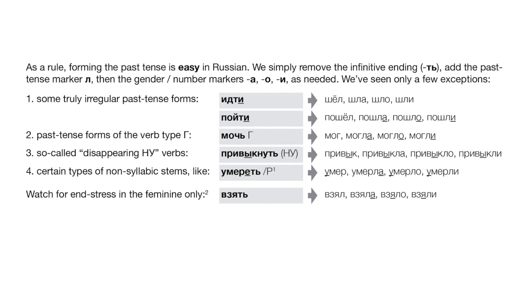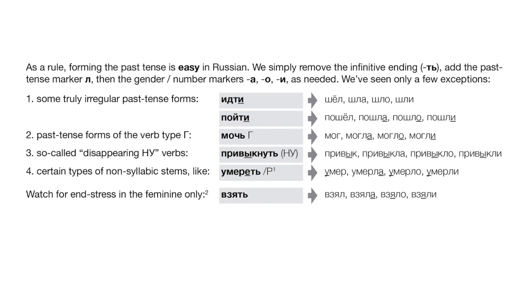So for some verbs, even if those are formed regularly, we have something irregular going on in terms of the stress. Namely, the feminine ending is stressed, but the other endings are not. That's something to watch out for. It's not entirely predictable, but it's fairly common among verbs whose infinitives are monosyllabic if we ignore any prefixes.